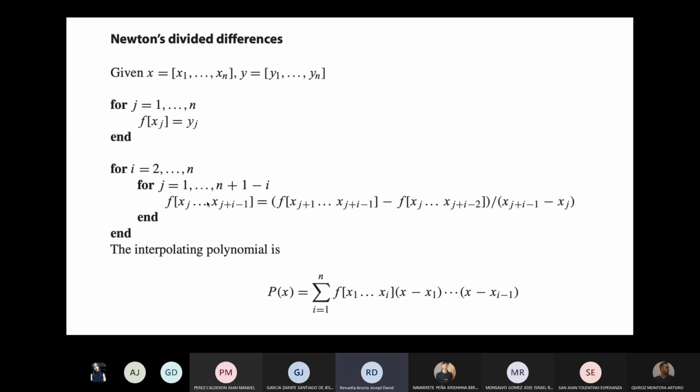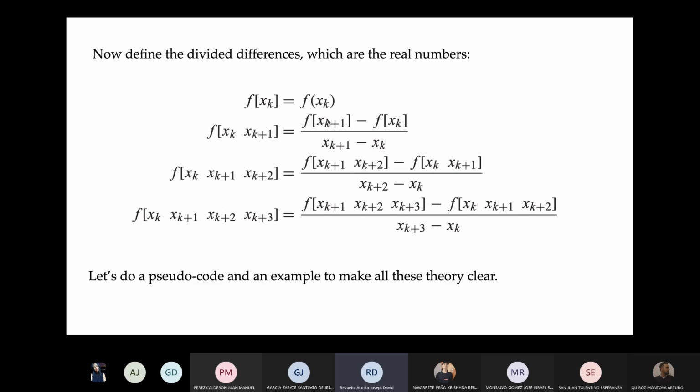But it's not that complicated, because we are just calculating the first term of the polynomial, which is a constant, so we go to the second term all the way to n, and j goes from 1 all the way to n plus 1 minus i. We just have to do the operations we have in this expression.